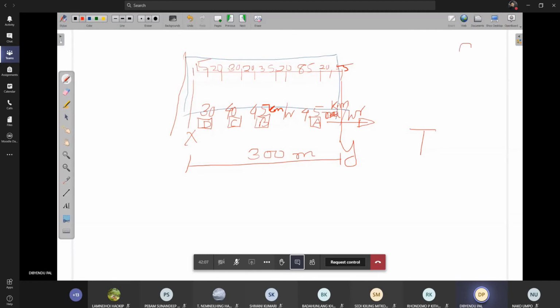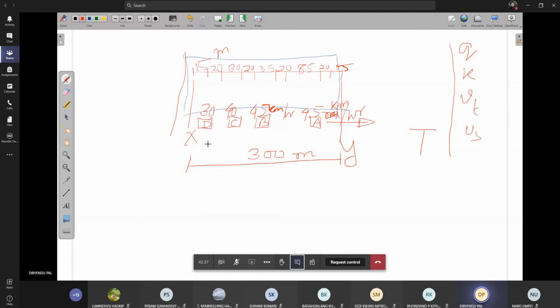Basically it is a snapshot taken at a particular location. The distances shown here, in meters, are 15, 20, 30, 20, 35, 20, 85, 20, and 55 meters.